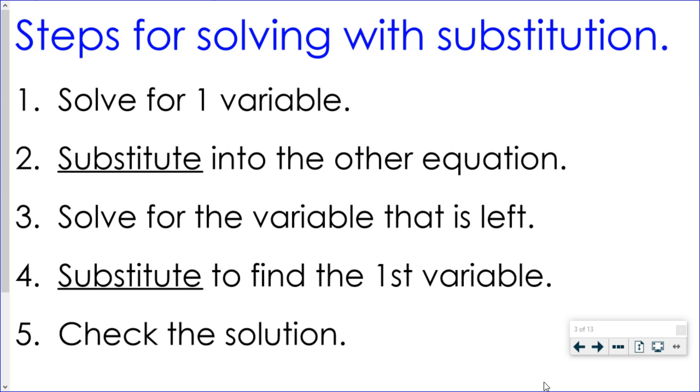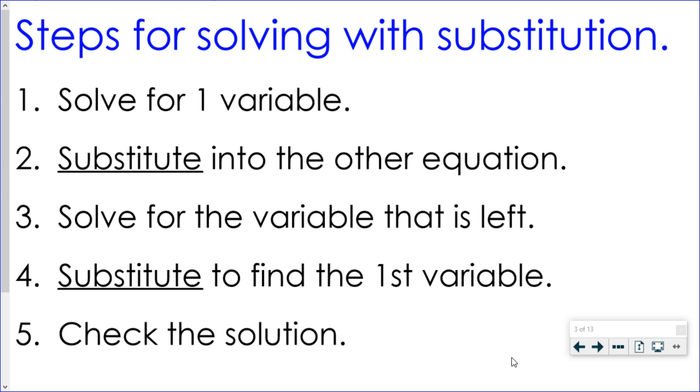Okay, so step one, solve for one variable. Sometimes I will give you one variable already solved for. That step is done. Step two, substitute that equation into the other equation, because remember, we're always going to have two equations. Step three, solve for the variable that is left.